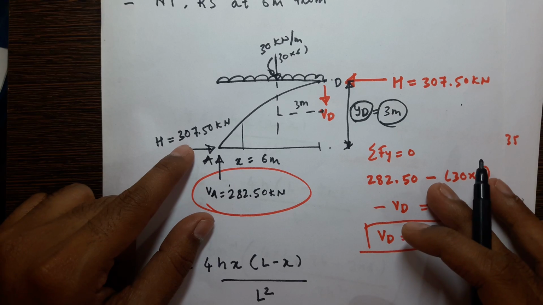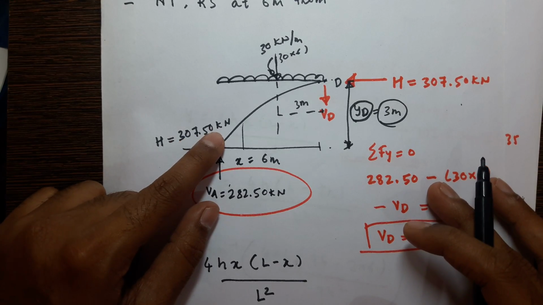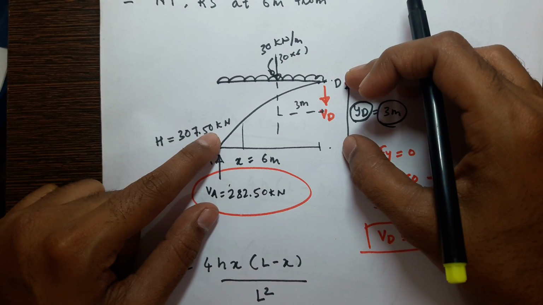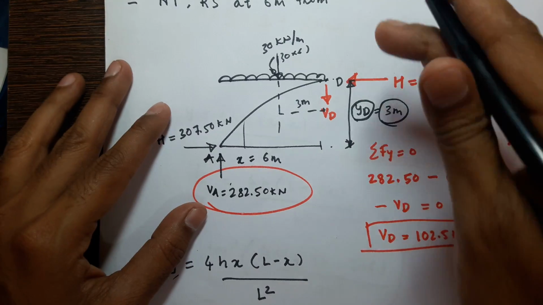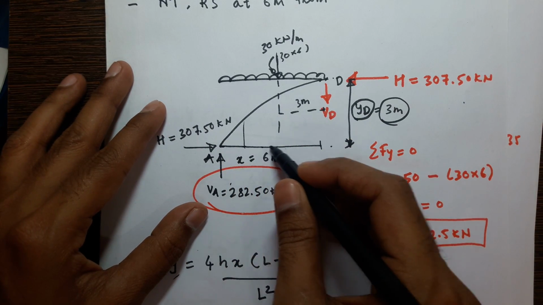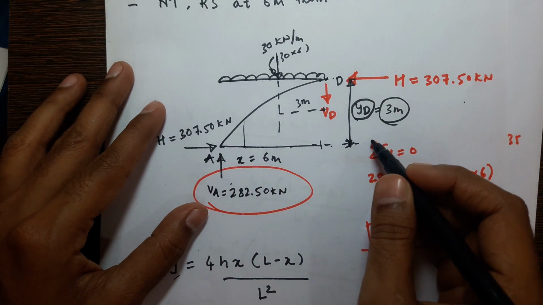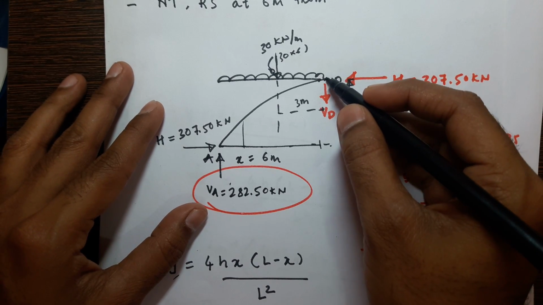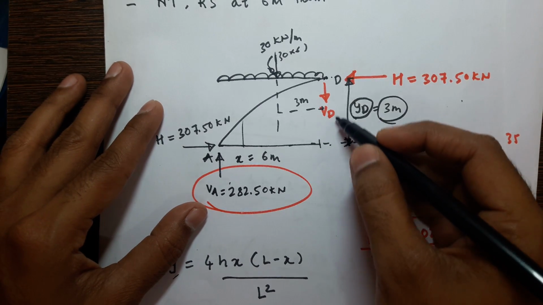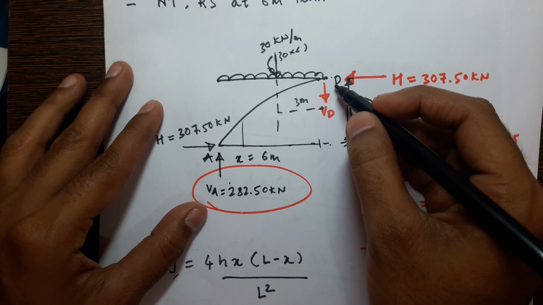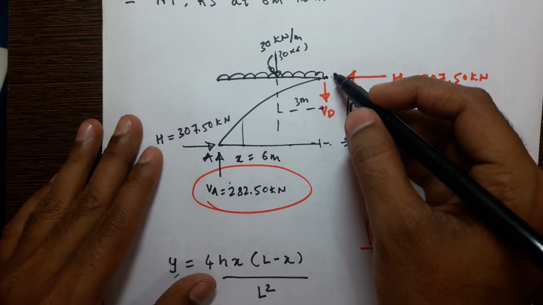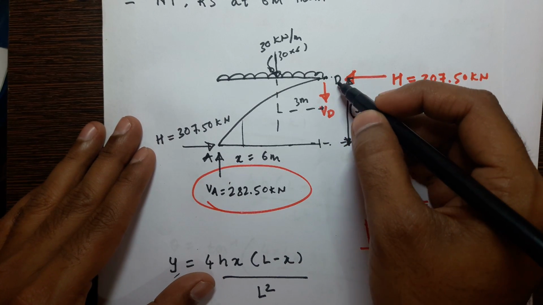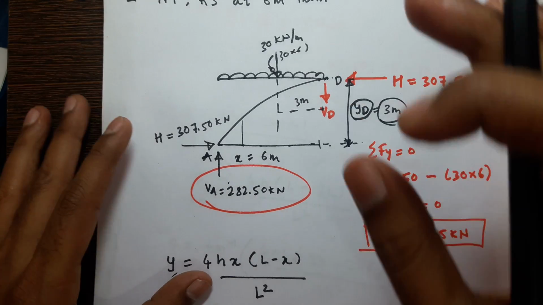We know the value of the horizontal reaction, 307.50, into this vertical distance, because this is the line of action of the horizontal reaction, and we are calculating moment about point D. So we have to know the perpendicular distance from D to this line of action, which is 3 meter.